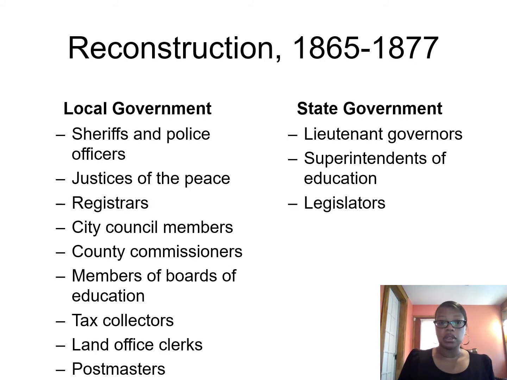On the local level, black men served as sheriffs and police officers, justices of the peace, registrars, city council members, etc. On the state level, they served as lieutenant governors, superintendents, and state legislators.